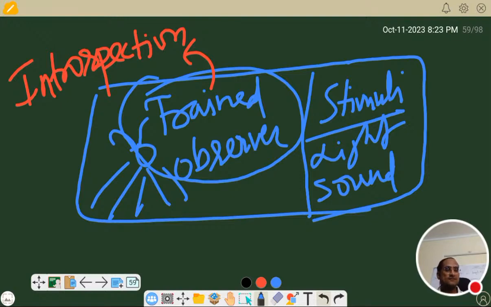Here, according to the structuralists, they are following a scientific approach of introspection. When the stimulus is presented, light is there or a sound comes, they will observe what images, what emotions, what sensations come to their consciousness, not mind.